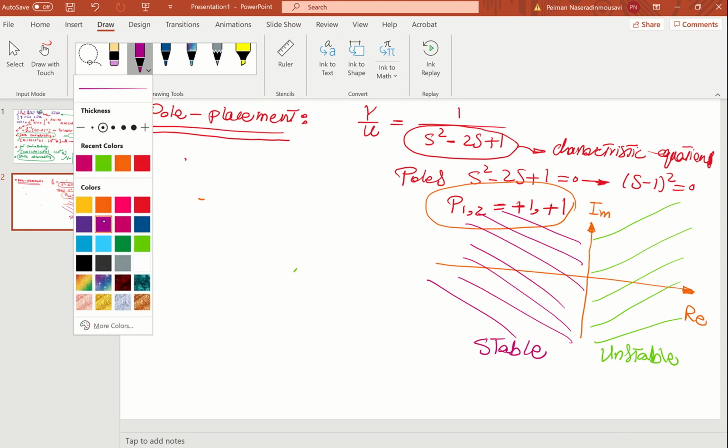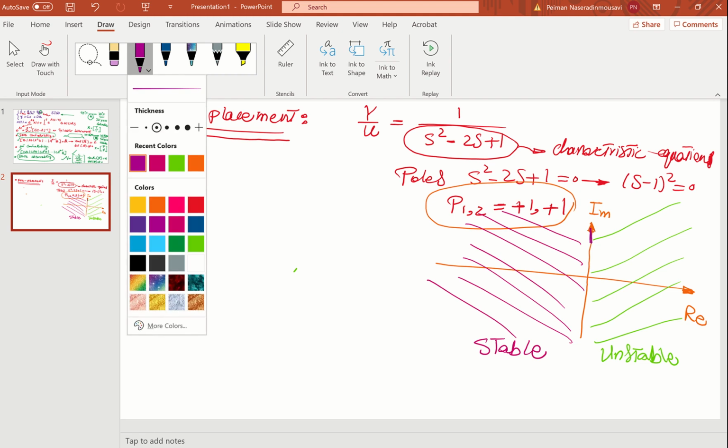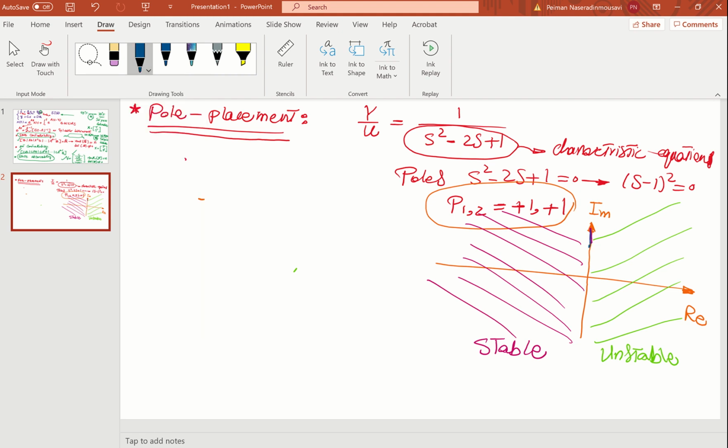Remember from the vibration course I was teaching. Oh, let me change the color, make it blue. So from the vibration course and undergraduate control course, if your poles are located on the imaginary axis, we name this marginally stable.